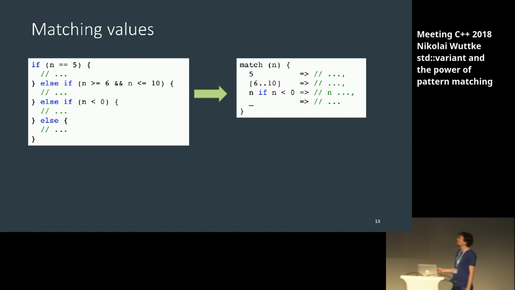You often have a lot of syntactic sugar, like specifying a range this way, or saying I want to match any value that satisfies this condition. And you often have a placeholder, where you say anything that doesn't match any of the previous patterns, I want to handle in this case.